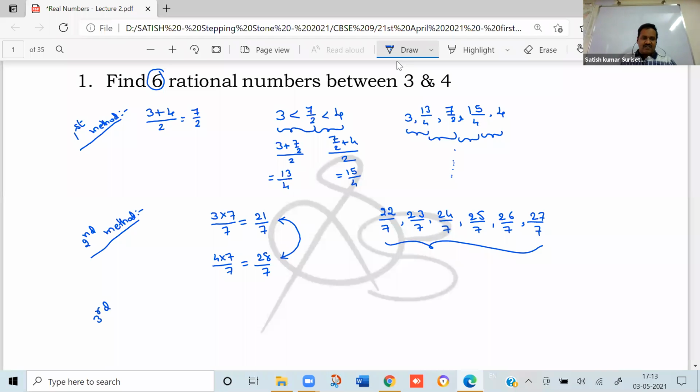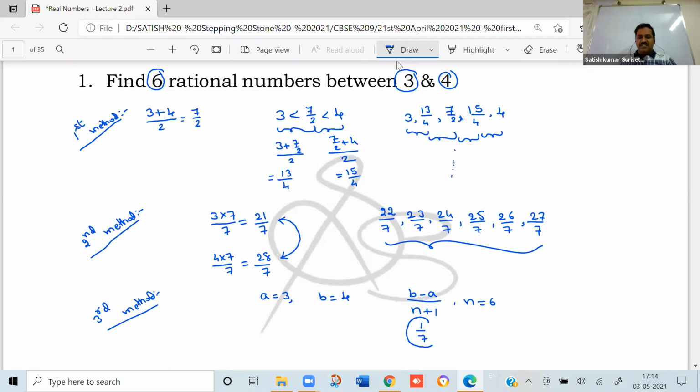Next, the third method. You take the given numbers as A and B. So consider A equal to 3 and B equal to 4. Then what you calculate is first B minus A upon N plus 1, where N is the number of rational numbers to be inserted. In this problem we want to insert 6, so N equal to 6. What will this value be? B minus A, 1 upon 7.